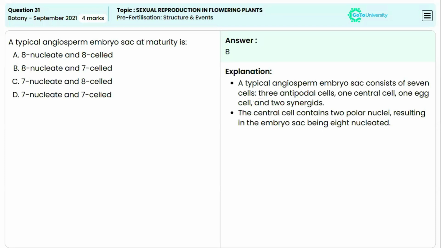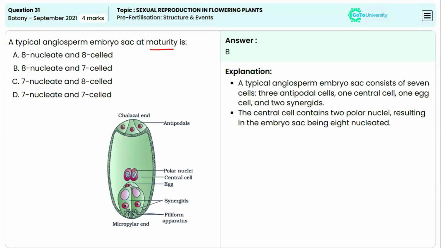Now, the next question is: a typical angiosperm embryo sac at its maturity is what? We already discussed this topic in the previous slide.